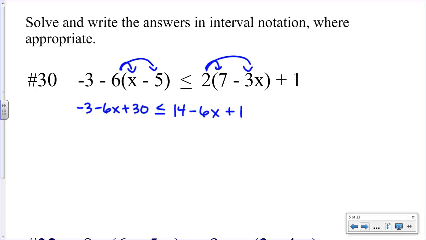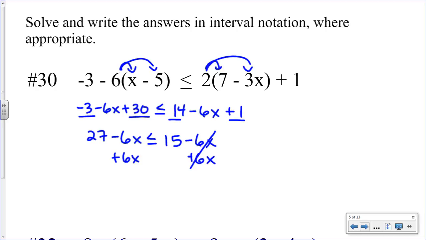On the left, -3 and 30 are like terms. That's 27. On the right, 14 and 1 are like terms. So that's 15. I want to get my variables on one side, so I'm going to move the -6 on the right to the left.